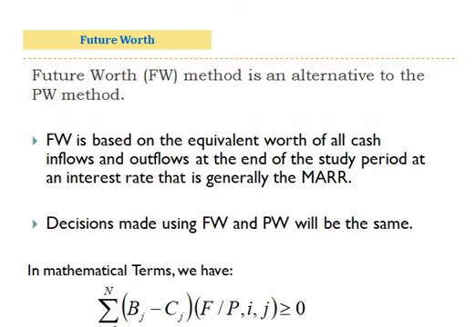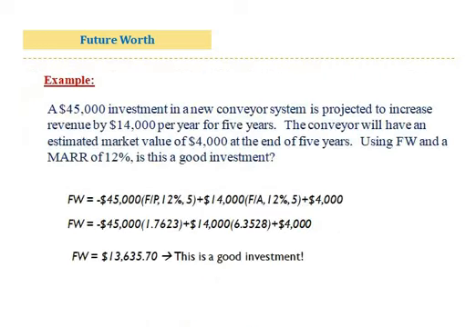Now we will use the future worth method in the same manner. What will we do? We will get all the values that I have in my cash flow into the future instead of the present. By looking at this example here, I have a $45,000 investment, so this is P, in a new system projected to increase revenues by $14,000 per year.